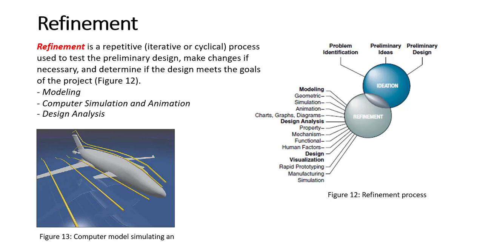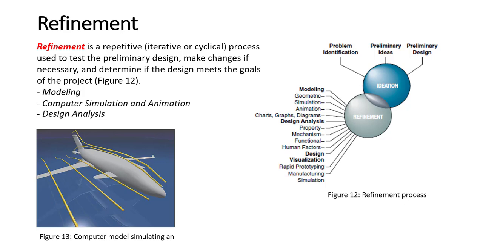Computer simulation is the precise modeling of complex situations that involve a time element. The 3D computer model can be used instead of a physical model for property analysis.